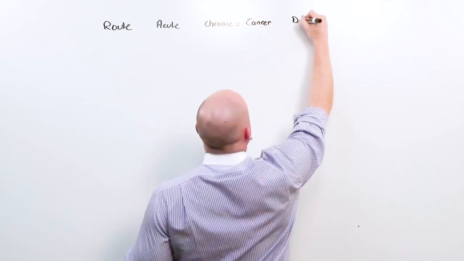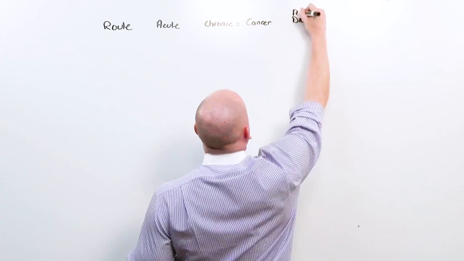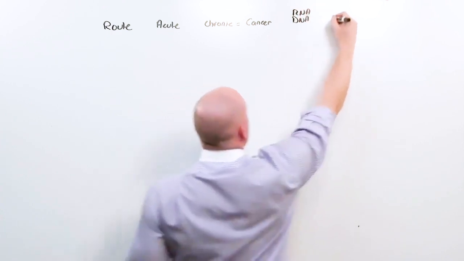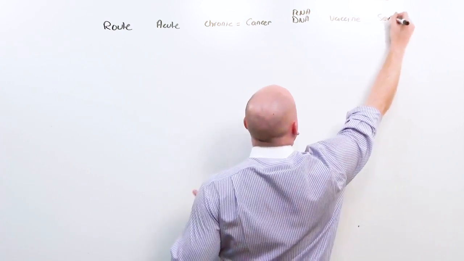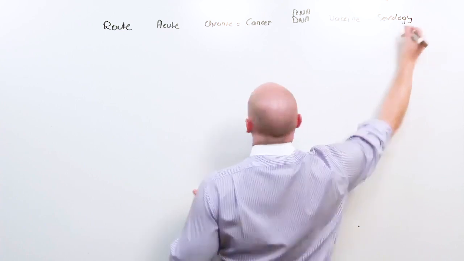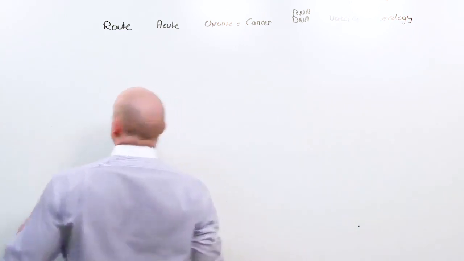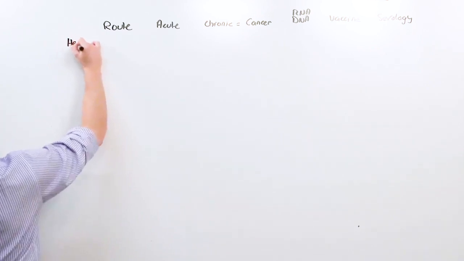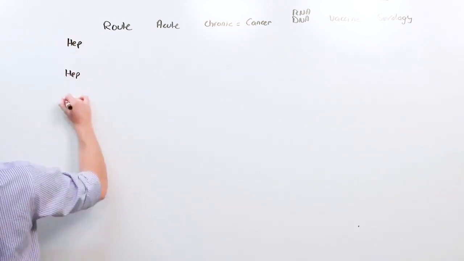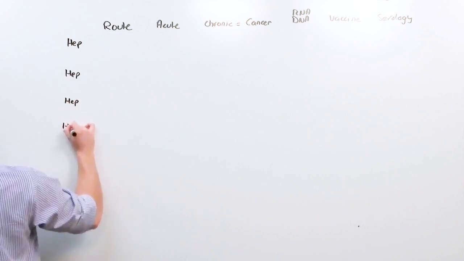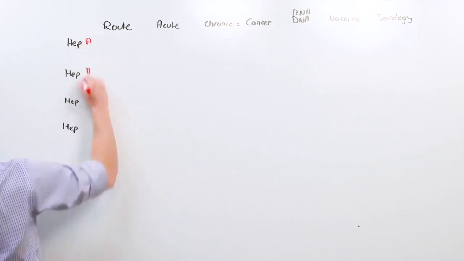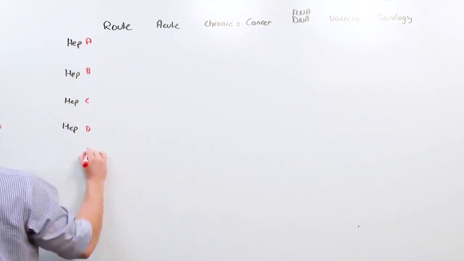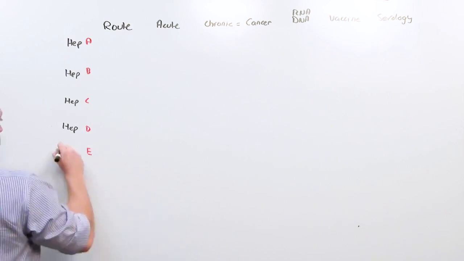Whether or not it's DNA or RNA type virus, whether there is a vaccine, and how you handle serology. We're going to do that for each of the hepatitis viruses. Hep A, B, C, D, and a little bit about Hep E.